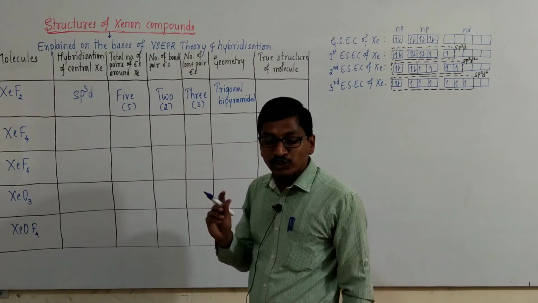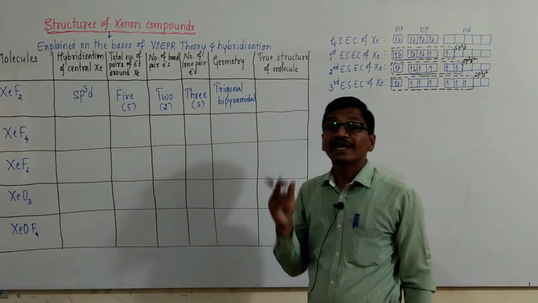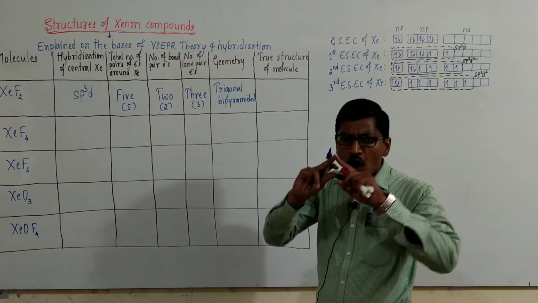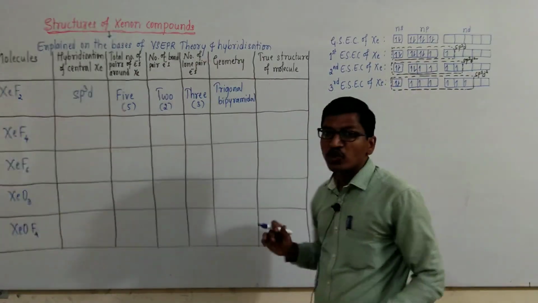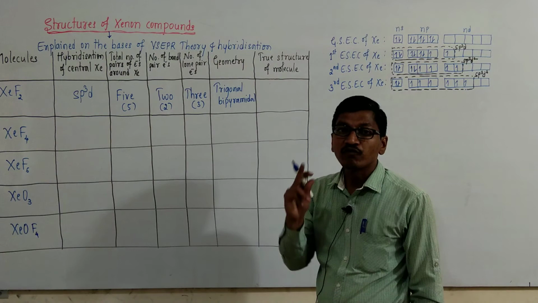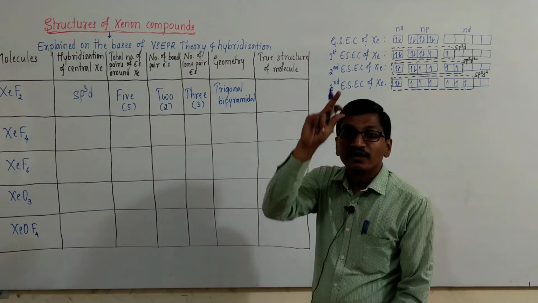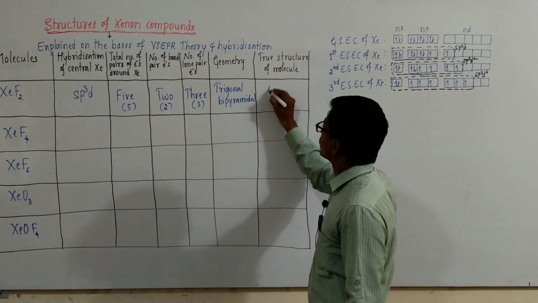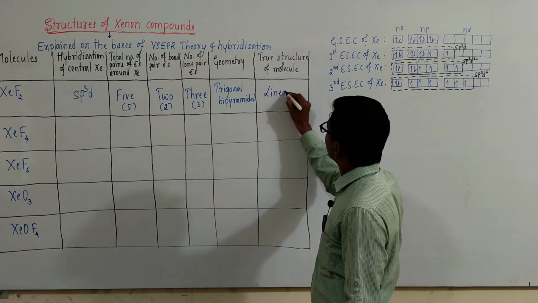But the actual structure of this is linear, because all the three lone pairs of electrons occupy the equatorial position and fluoride ions are in the axial position, and the actual structure is linear.